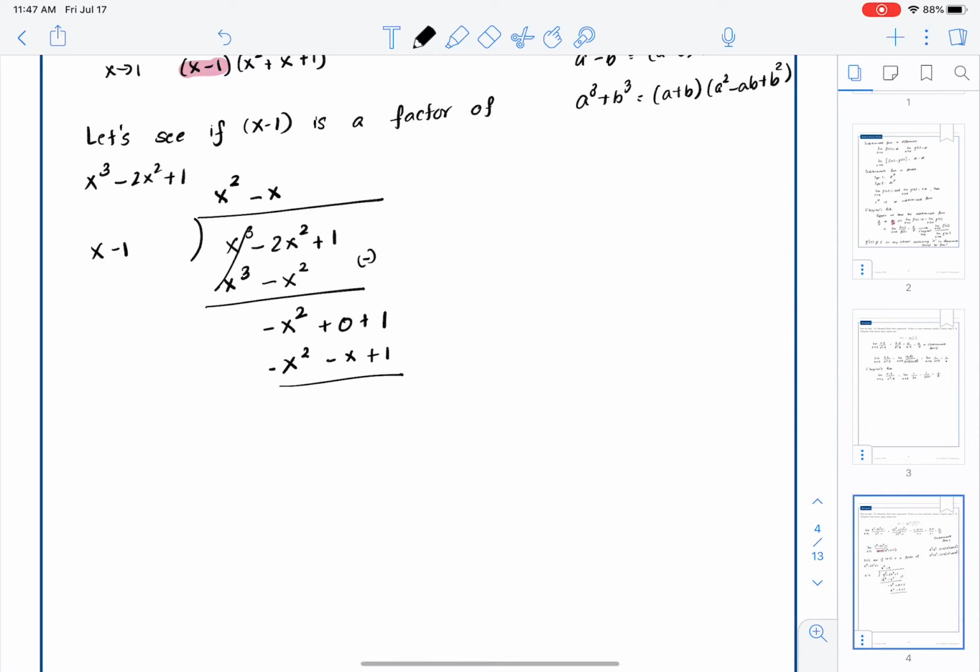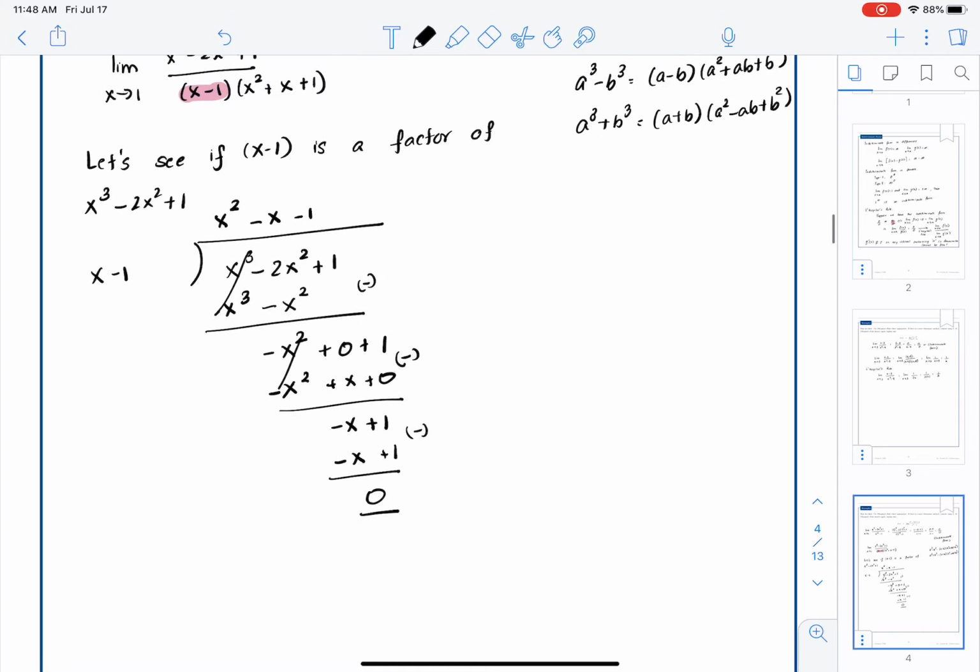So I'll have minus x squared plus x, and that's it. When I subtract, those two would go away, I'll have minus x plus 1. And when I multiply by minus 1, I have minus x plus 1. And when I subtract, I get 0. So clearly, x minus 1 is a factor.